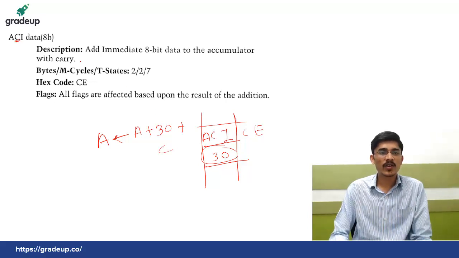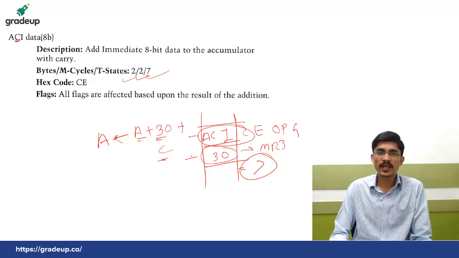It will require opcode fetch for this as well as memory read for the data. So 4 plus 3, that is 7 T states, and 2 machine cycles will be required, and it consumes 2 bytes of memory. So it is a 2 byte instruction. The description I have already explained, and it affects all the flags. So this is all about the ACI instruction.